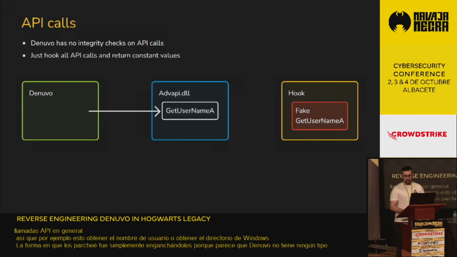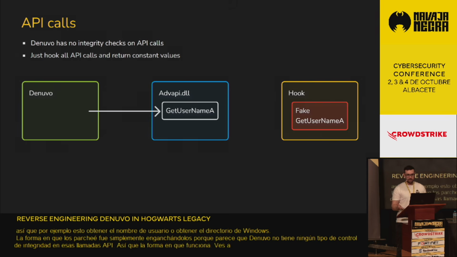And what I did is I created a fake GetUserNameA that returns the name of my other PC. And I essentially inserted a jump instruction on the original, so it always redirects to this fake one. And that's fine because Denuvo does not verify that. And that way we can essentially bypass all API calls, at least in this Hogwarts Legacy version.